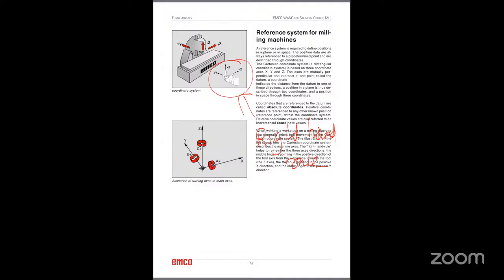To understand X, Y, Z, you can use this right hand rule. So this is very important. This is plus X, this is plus Y, and this is plus Z. This right hand rule is very important to understand the axis direction in CNC milling machine.